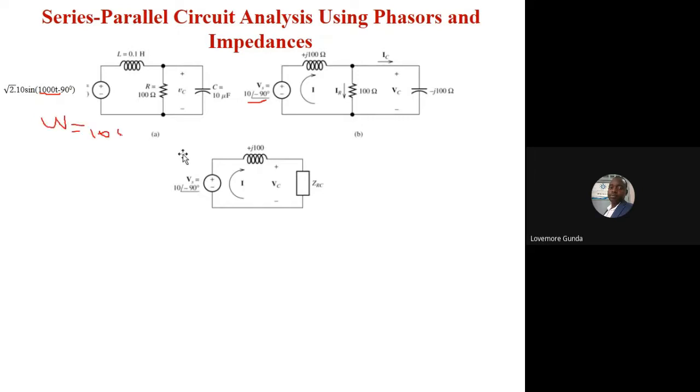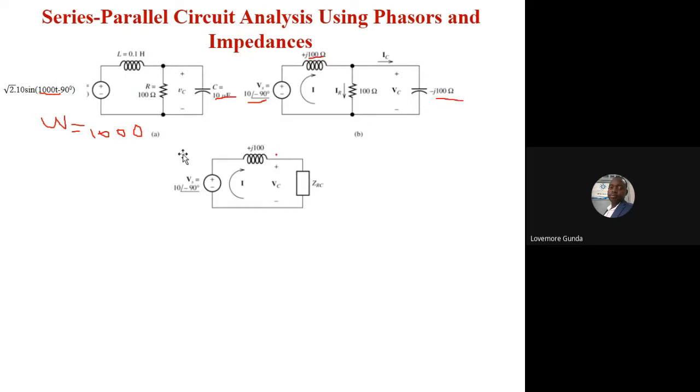That is what you just have to be able to extract from the given expression. Then L is 0.1, meaning 1000 times 0.1, you get your 100 there, it's j. R comes back as R. C, XC becomes 1 over omega C. 1 over that, you get your 100 there.